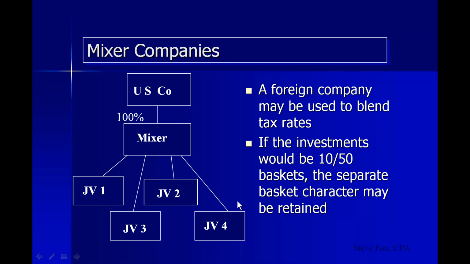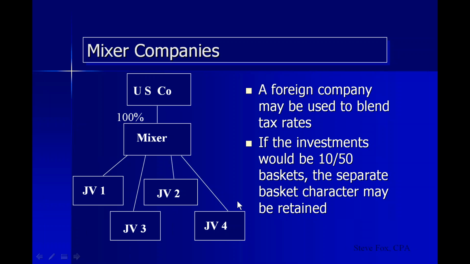And the idea is to get your tax rate in the mixer company to something that when it pays dividends, you can use the credits, and possibly if the companies have high enough tax rates, you could perhaps avoid some of subpart F. So the term mixer company is simply a company that is used to blend tax rates.